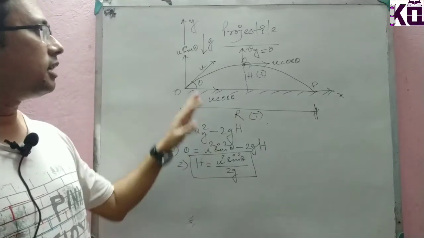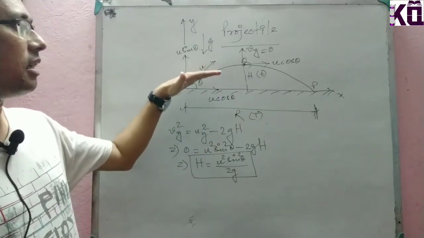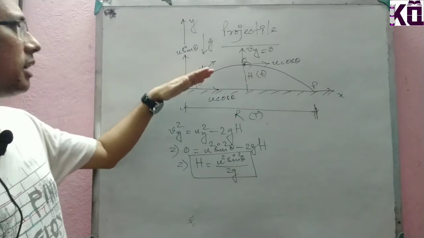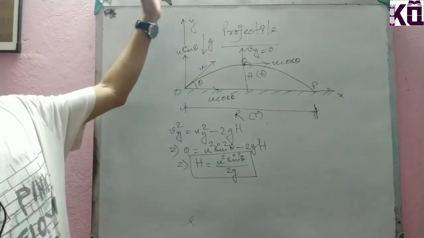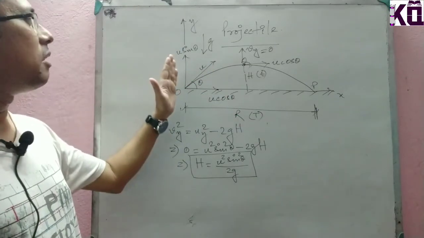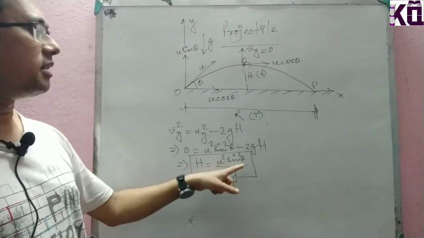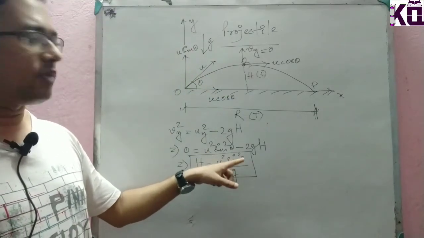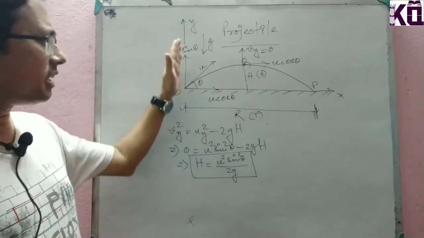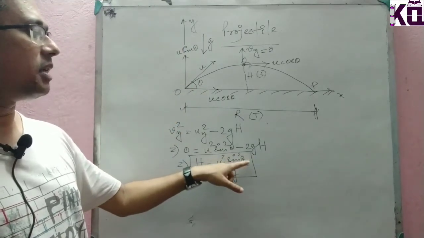One special case of theta: if I project the object in the vertical direction, perpendicular to the horizontal level, then theta becomes 90, and sine 90 becomes 1.